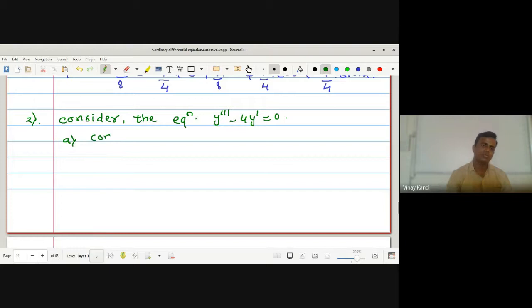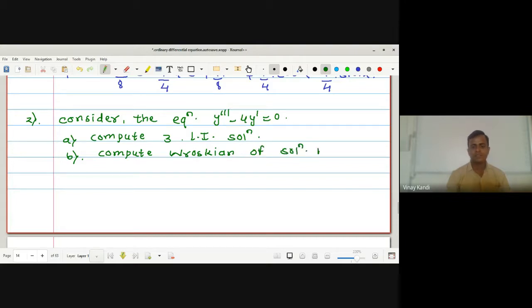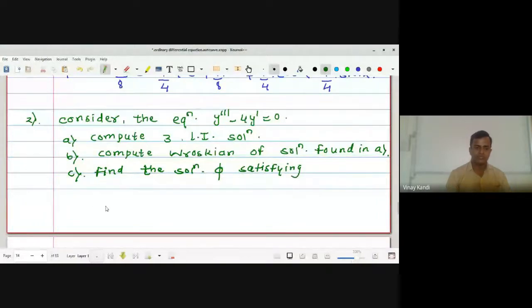First one, compute 3 linearly independent solutions. Now B, compute the Wronskian of the solutions found in A. And C, find the solution phi satisfying phi of 0 is equal to 0, phi dash of 0 is equal to 1, phi double dash of 0 is equal to 0.